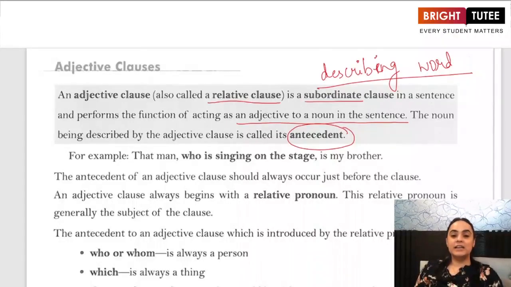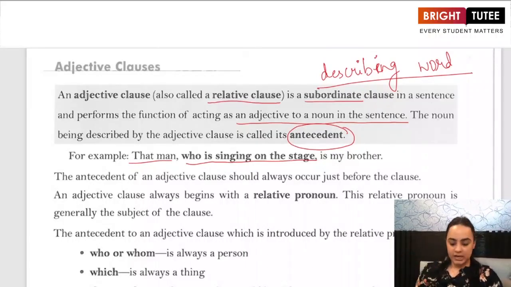Remember, when we did the noun clauses, I told you that I talk about the antecedents when I teach you the adjective clauses. So what is an antecedent? Antecedent is the noun which comes before an adjective clause. For example, the man who is on the stage is my brother.